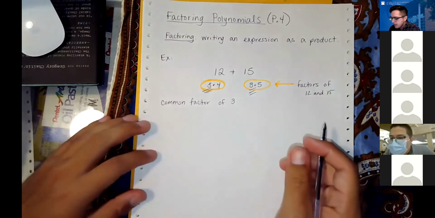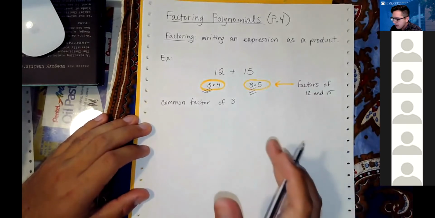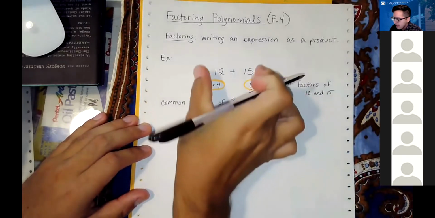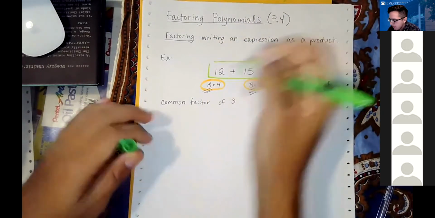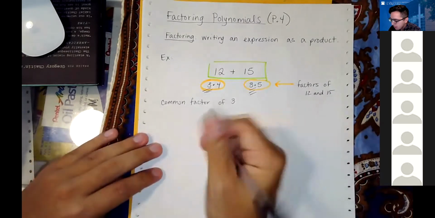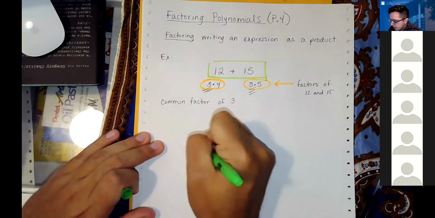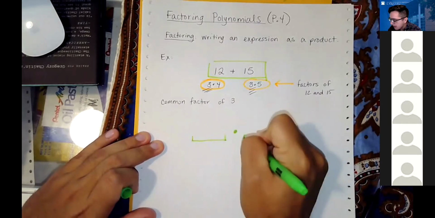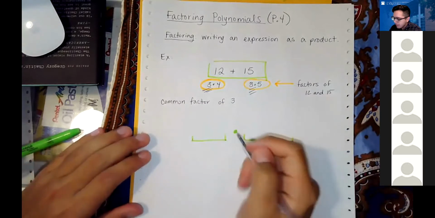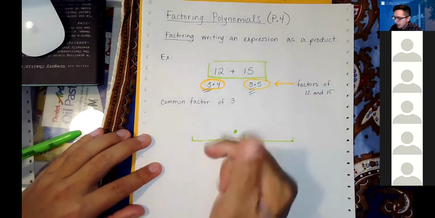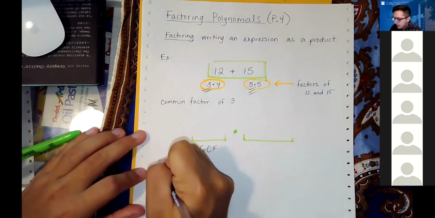So when we're going through this factoring process, what we're going to do is write this original expression, 12 plus 15, as a multiplication problem or as a product where we have something multiplied by something else.